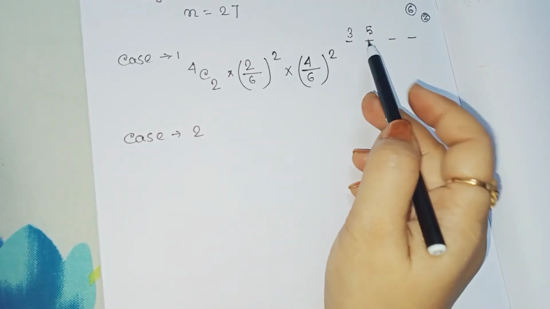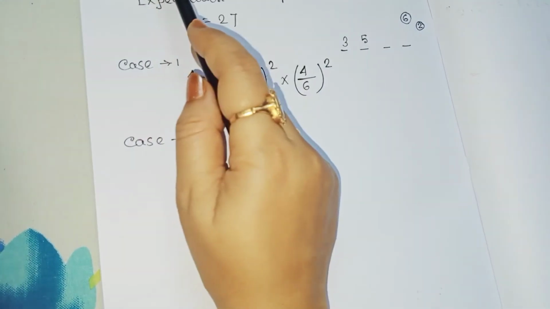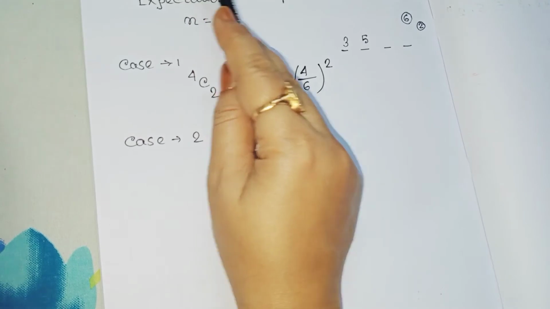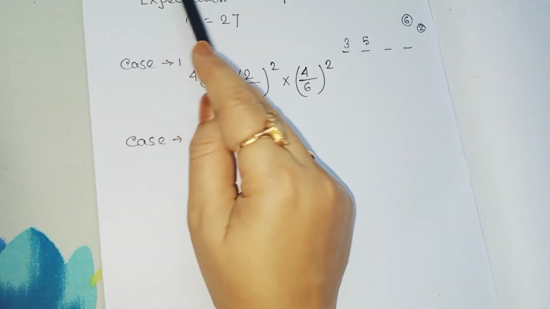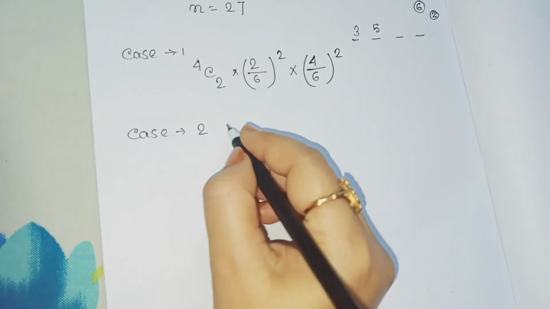Case 2 is when at least 3 of them show 3 or 5.